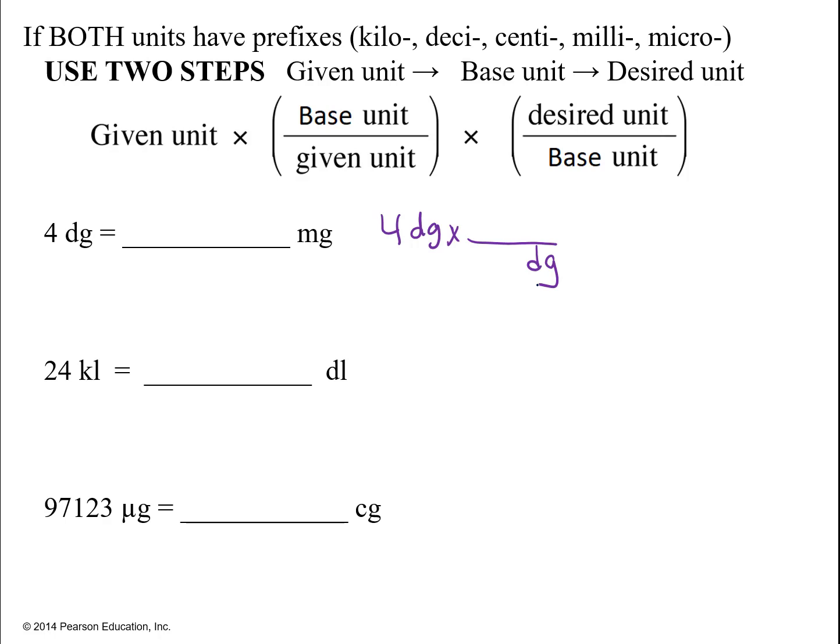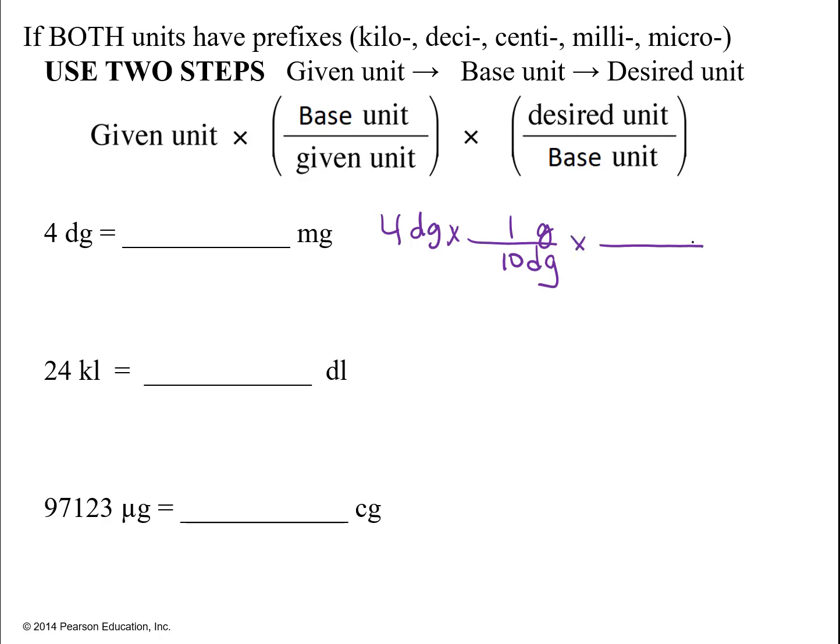But here, I know the relationship of deci to the base unit, so I'm going to put grams on top. Because deci gets a what? 10. Grams gets the 1. So do you see, all I have to remember are those 5 equivalents, and I can do any of these. So this is going to let me go from decigrams to grams.